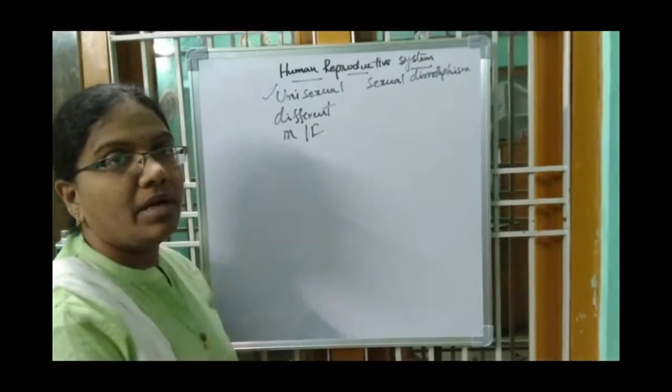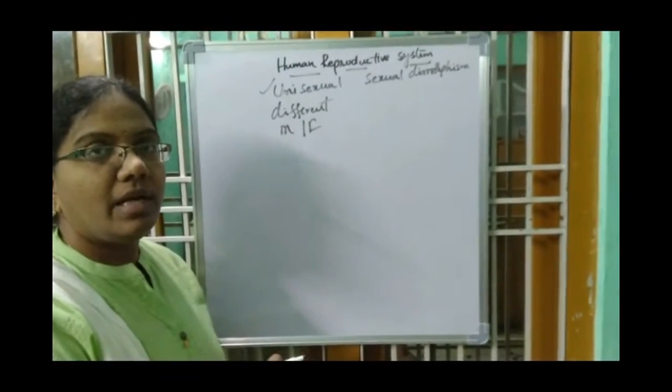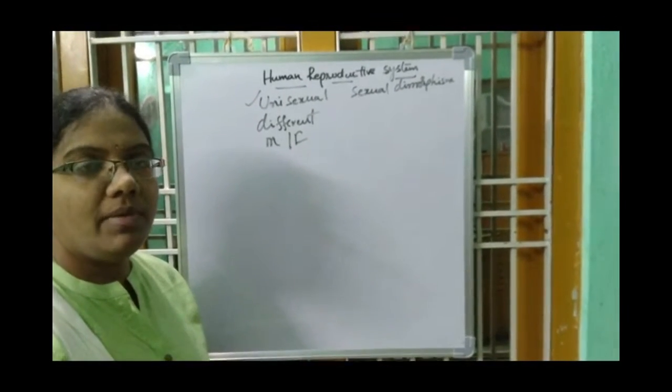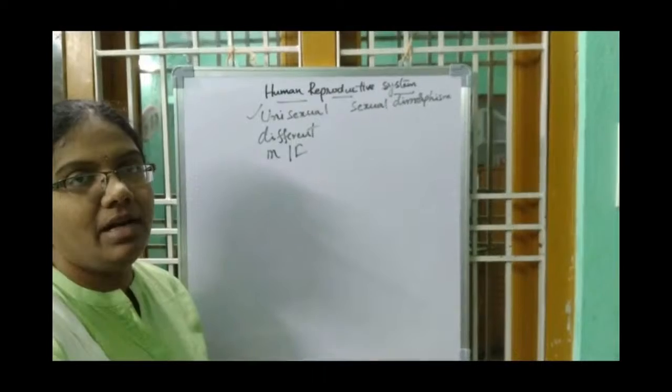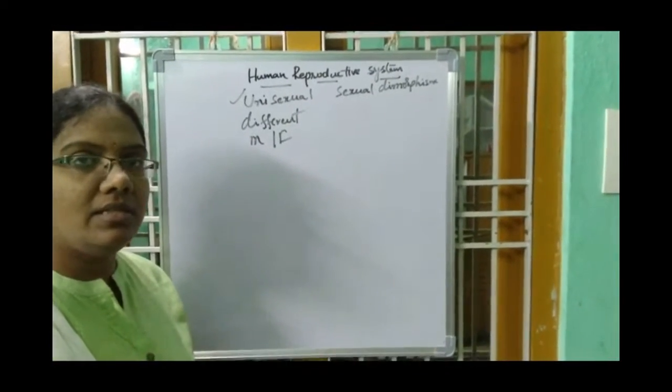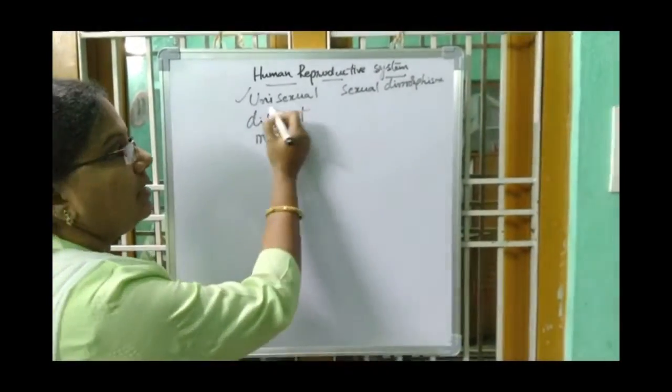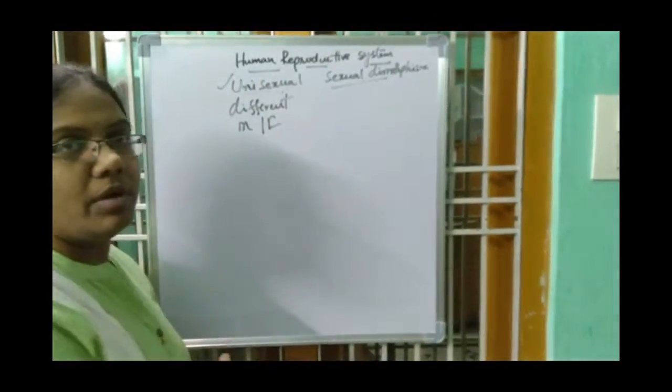What about sexual dimorphism? Sexual dimorphism means that at the age of puberty, male and female have well-developed sex organs or secondary sexual characters by the release of hormones. These are the main characters for human beings.